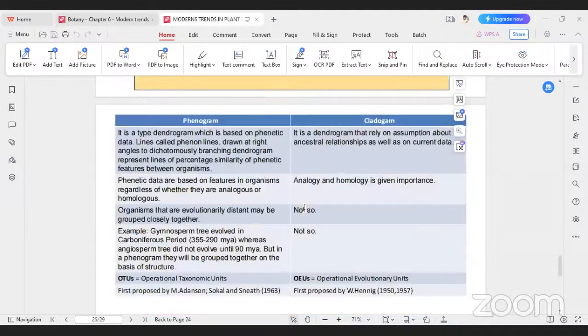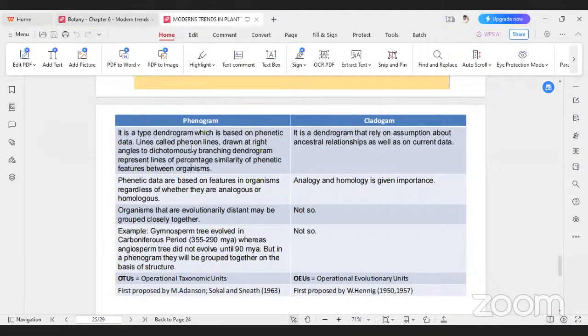These are not important in theory exams, but remember them for the competitive level. Phenogram and cladogram. A phenogram is a type of dendrogram based on phenotypic data, that means morphological observation.